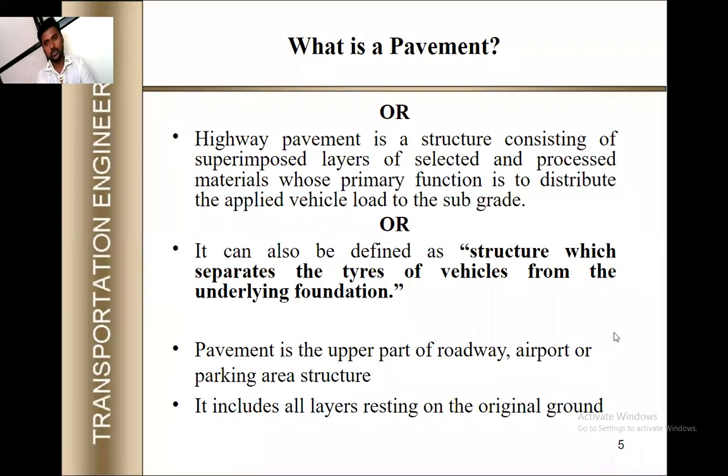On the original ground means undisturbed soil will be there. On that soil, subgrade will be there. We compact that subgrade and we provide a number of layers on that subgrade. So it includes the layers resting on the original ground or original undisturbed soil.